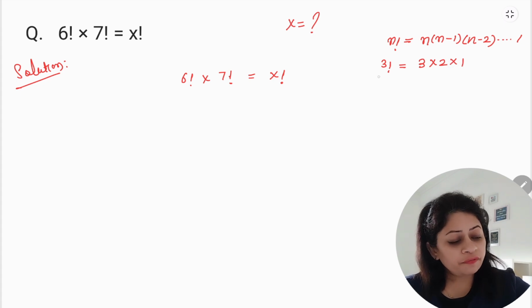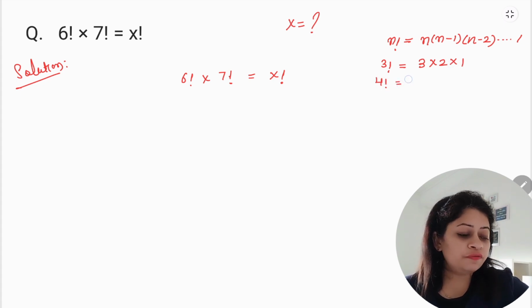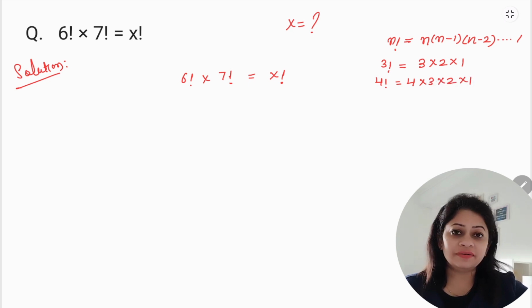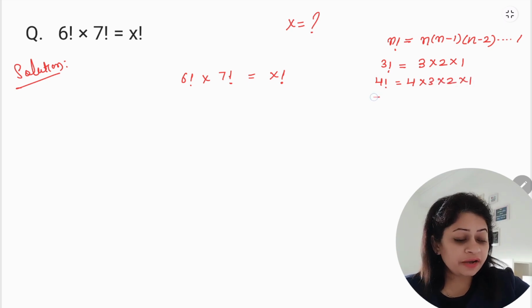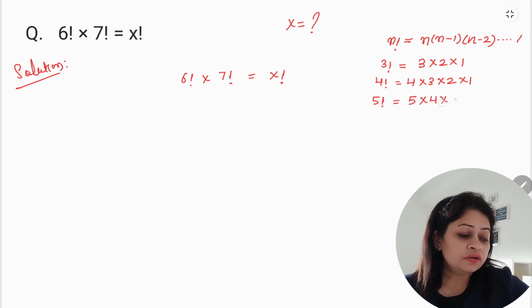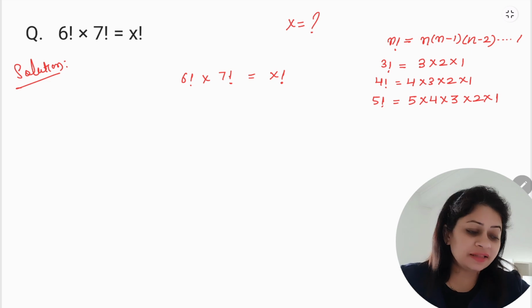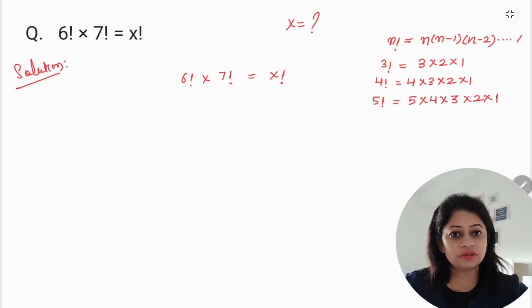If you have 4 factorial, that will be equal to 4 times 3 times 2 times 1, right? Similarly, 5 factorial will be equal to 5 times 4 times 3 times 2 times 1. Like keep multiplying that number with its preceding numbers, okay?